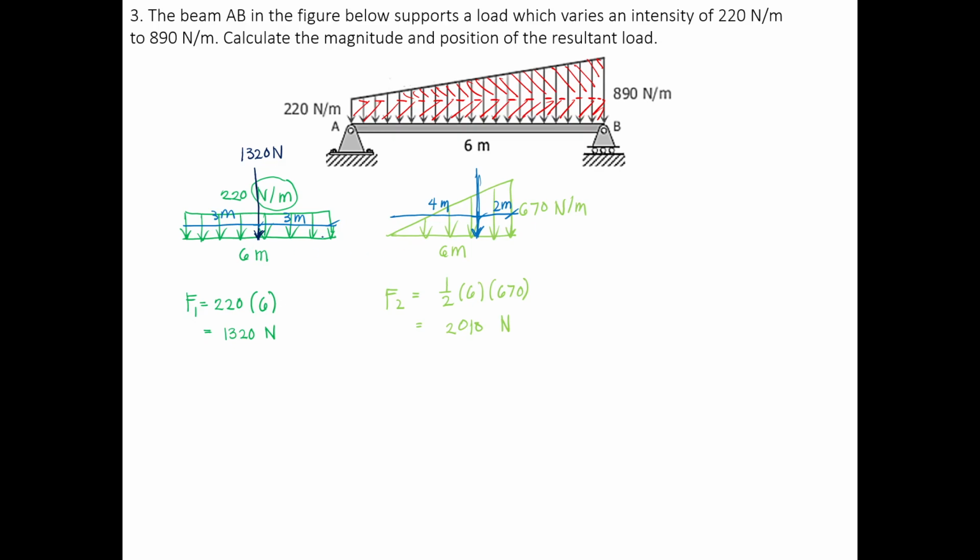Okay, so again, if you have a uniformly distributed load, such as the given figure above, in order to solve for the force, just solve the area of the given figure.